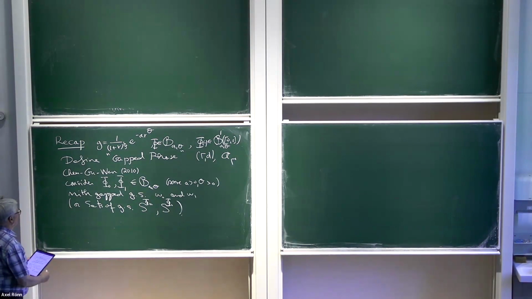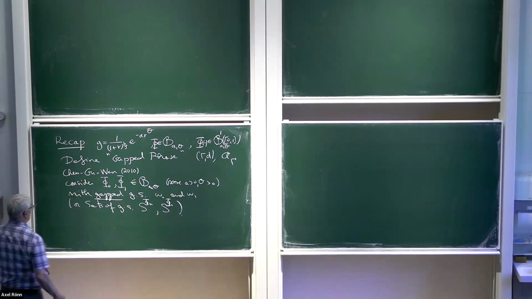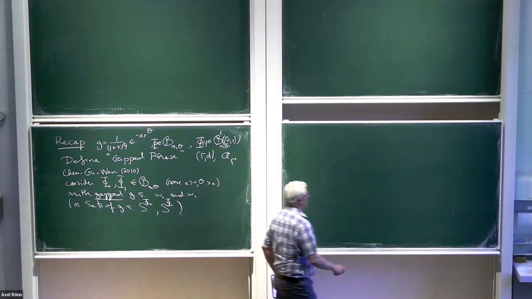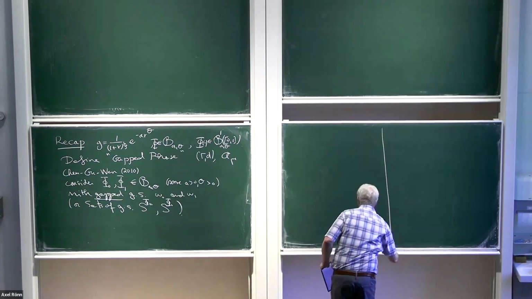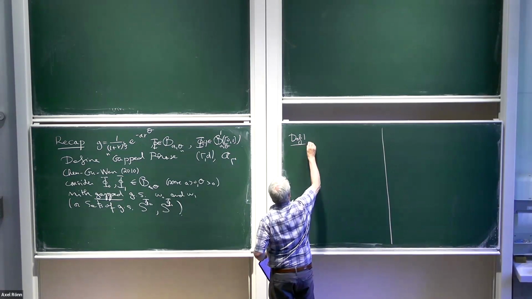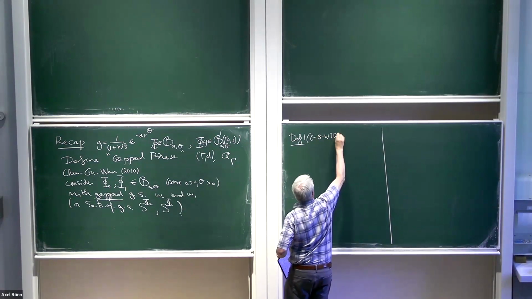And so the question is, you know that these are both interactions with a unique gapped ground state. When would we say that they are in the same phase? Then the first definition, maybe I'll put the two definitions here in parallel. So that is Chen, Gu, Wen, 2010.